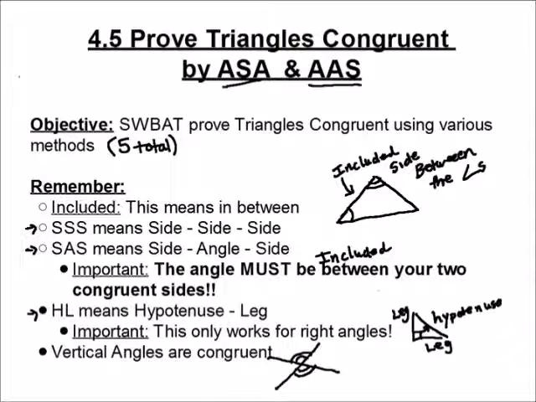So the top and the bottom are going to be congruent. So if this was 140, this would have to be 140. And then these 2 angles will have to be congruent. So if this was 40, then this would have to be 40. So it's angles that are across from one another. Let's move on.